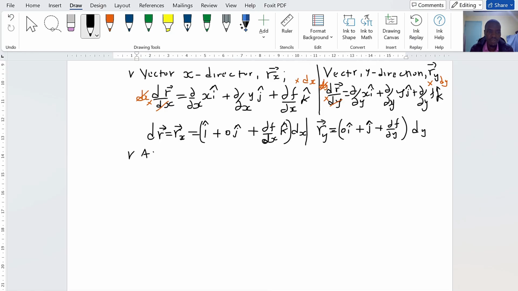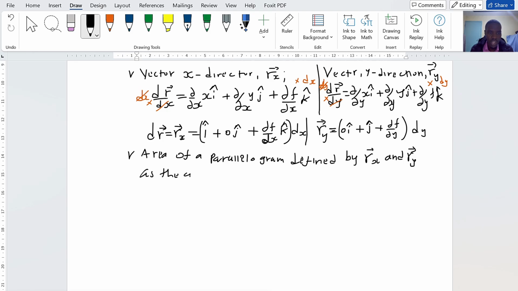We know that the area of a parallelogram, if you remember the cross product when we did that, defined by Rx and Ry as the adjacent sides, is simply the magnitude of the cross product.